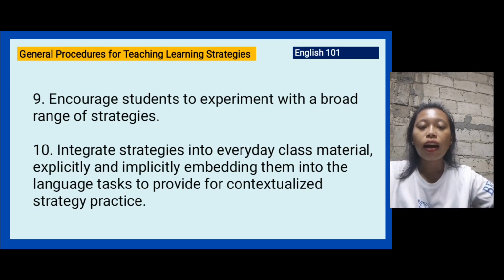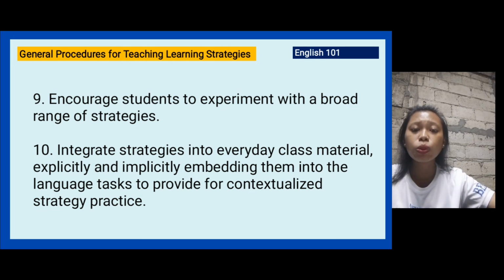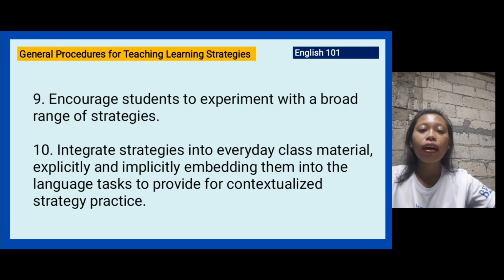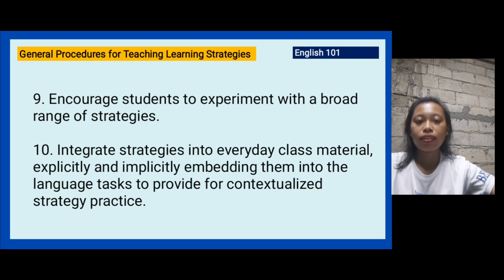In here, you have to motivate students to try different learning strategies to find out which ones work best for them. Different students learn in different ways, so exploring multiple strategies helps them find what works best.